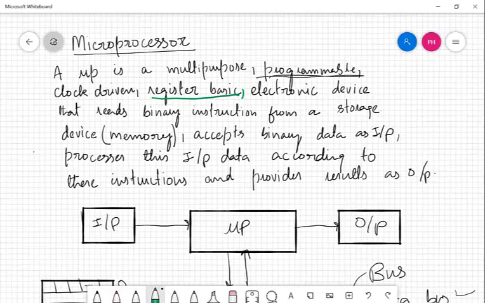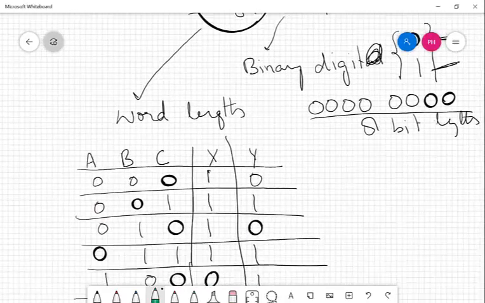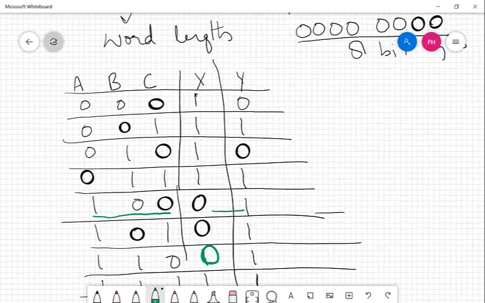So there might be many registers inside a microprocessor, and it's an electronic device. It reads binary instructions from storage memory, accepts binary input, processes this input according to the instructions, and provides results as output. So I think many of the things are clear now.